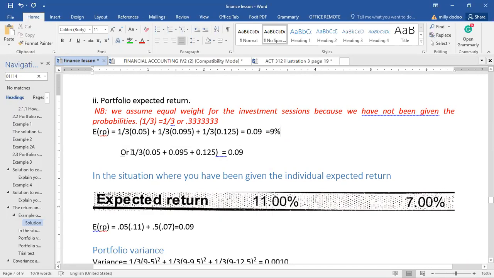Now, somebody can also do it this way. He or she will say 1/3 multiplied by 0.5 plus 0.095 plus 0.0125, then you get 0.09.